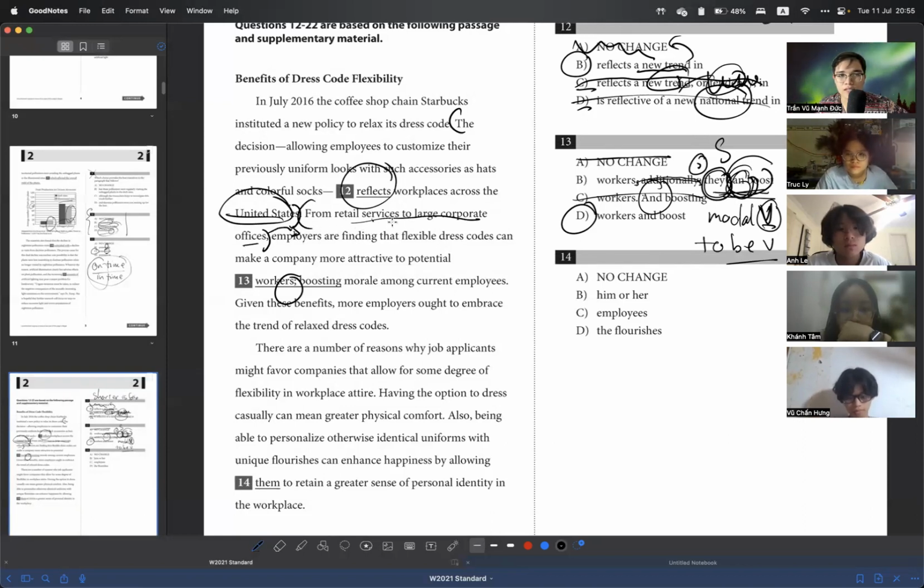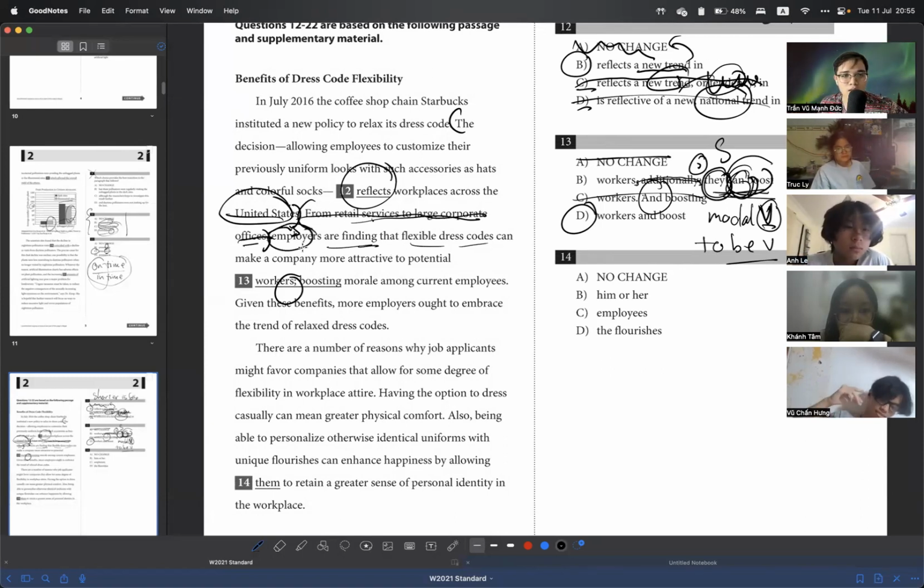It is affecting the word employees. So it is the modifier. If it's a modifier, you can just cross it out.